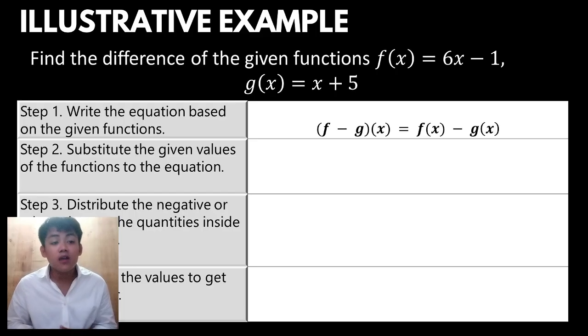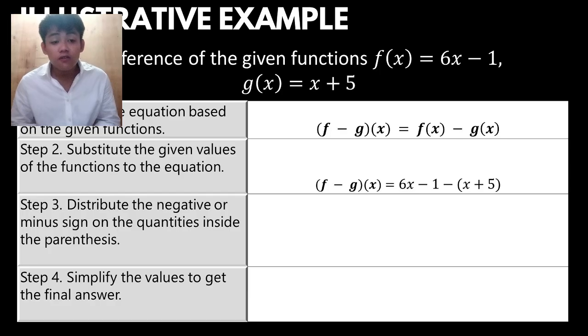So we have here f minus g of x, which is equal to f of x minus g of x. The next step we need to do is to substitute the values for f of x and g of x, and then we will have the expression 6x minus 1 minus the quantity x plus 5.